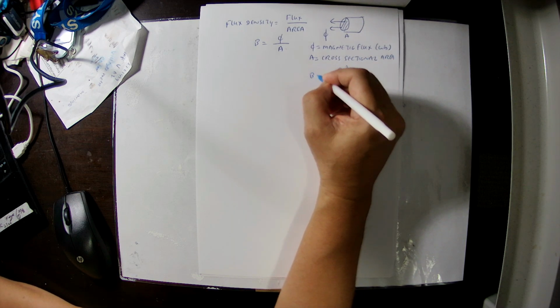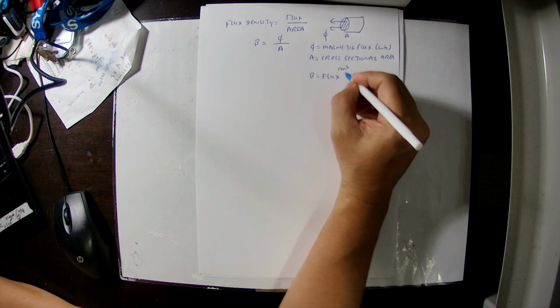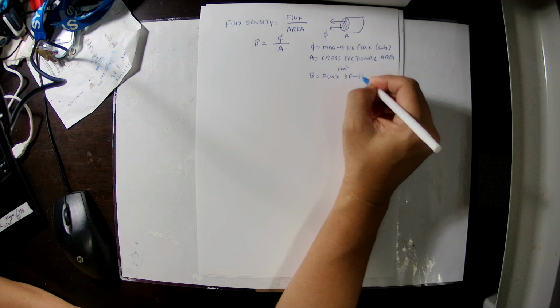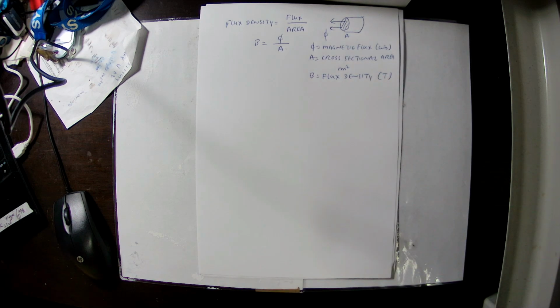And B is flux density, unit is the Tesla. So flux density can be calculated as magnetic flux divided by area. So phi has the unit of Weber, A is the cross-sectional area in meter square, and B is the flux density, unit is Tesla. So this is the way we calculate the flux density.